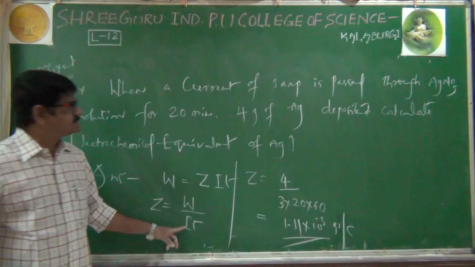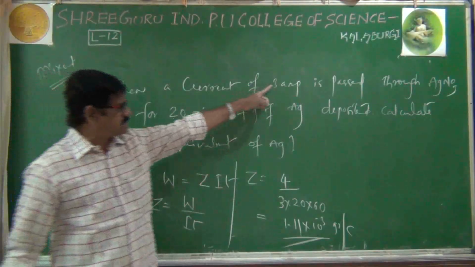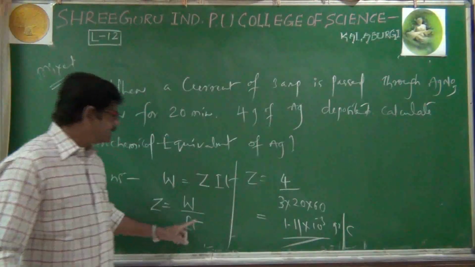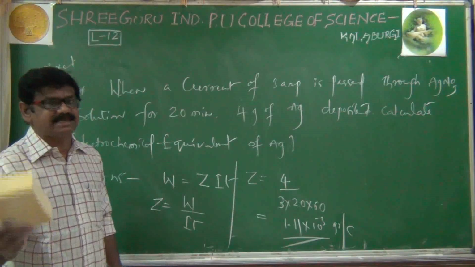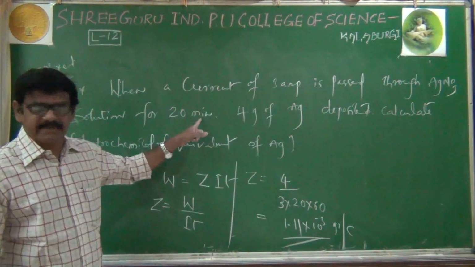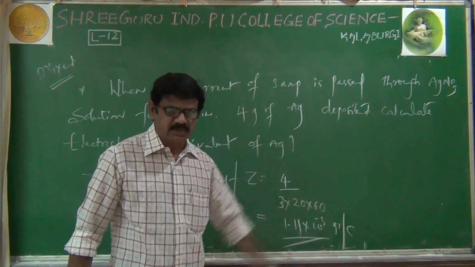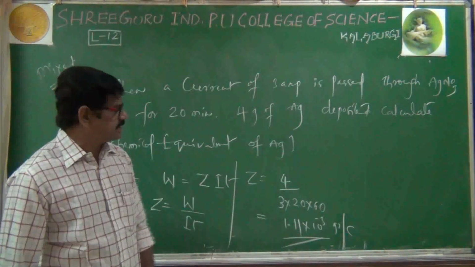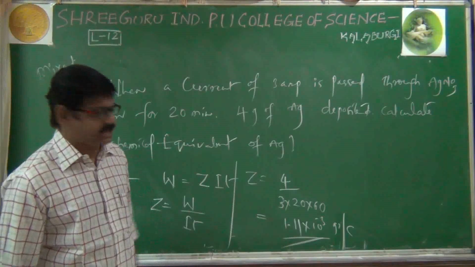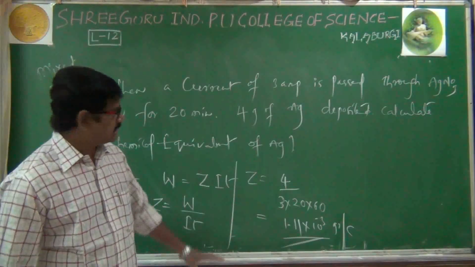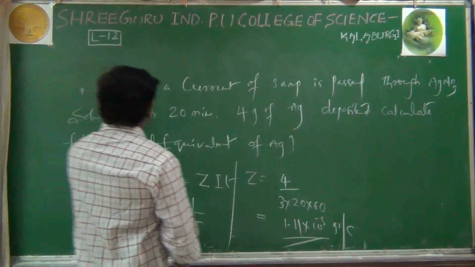I is current in amperes, 3 amperes as given. And T is time in seconds, but the question has given minutes, so multiply by 60 to convert into seconds. After simplification we get 1.1 into 10 to the power of minus 3 gram per coulomb. Right. Next.